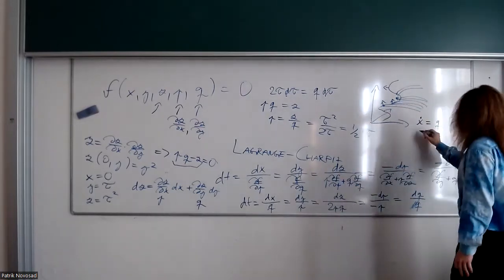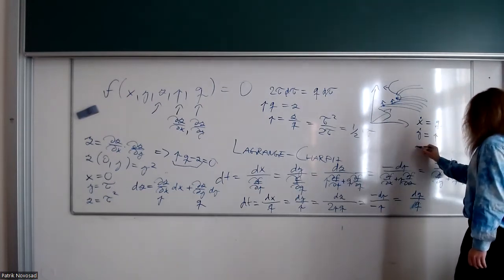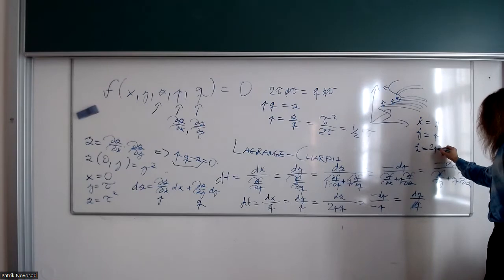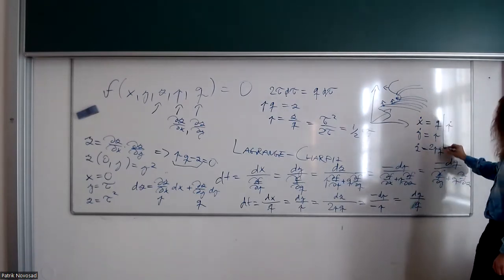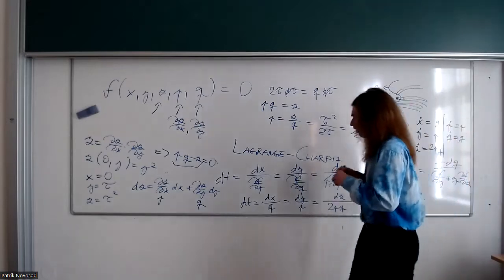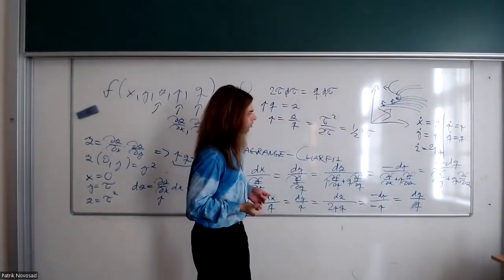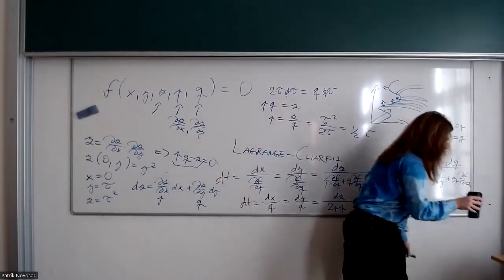And of course, we could do the same with all the others. So let's do it. Here we just have p dot equals p and q dot equals q. And now, what we need to do is just solve this system of ODEs.